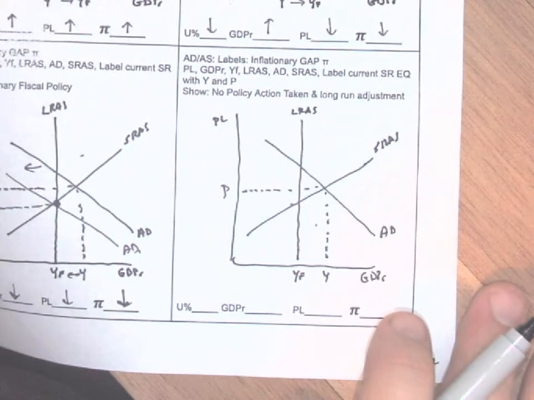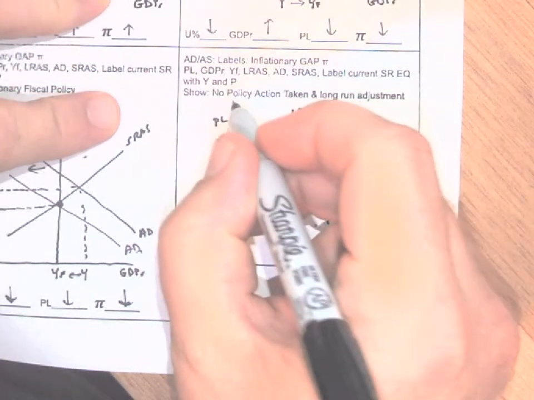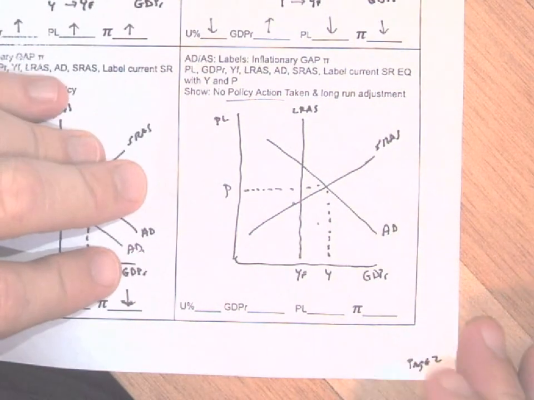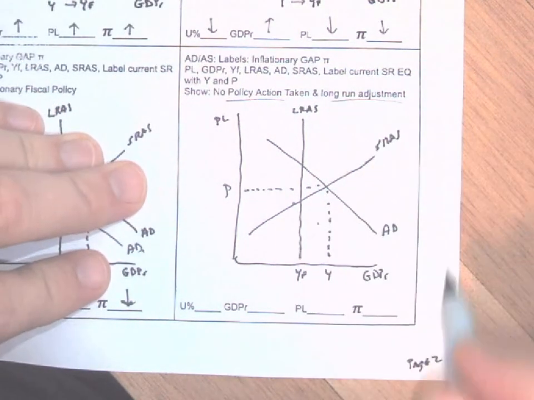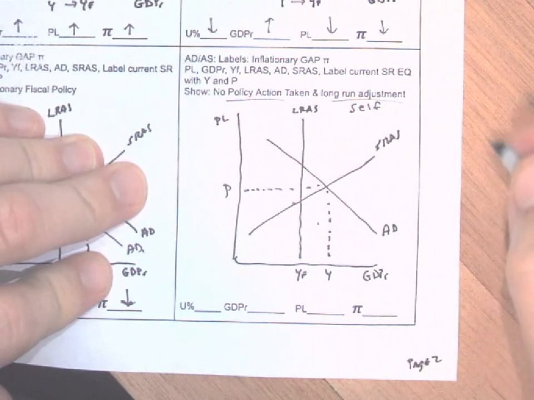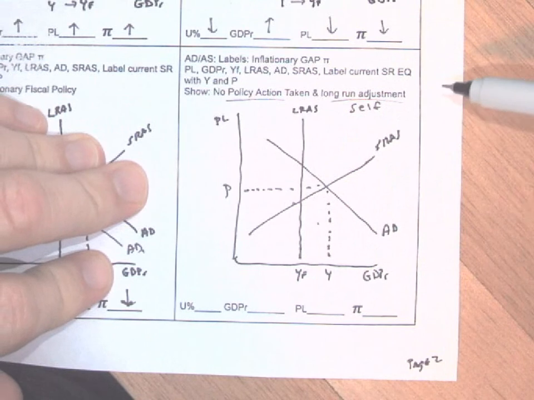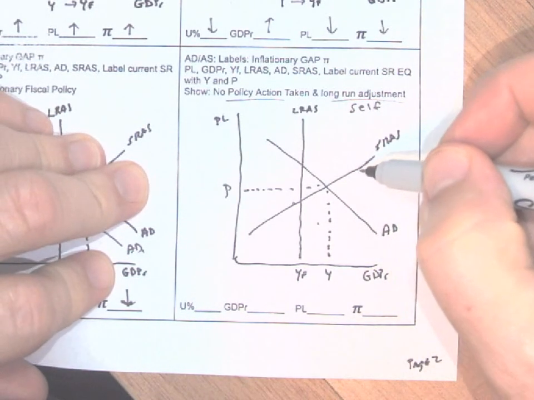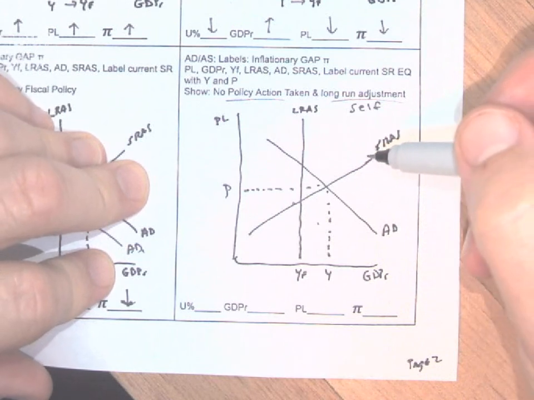And of course, there's another chance for no policy action to be taken. So the government has no interference, no taxes, no government spending changes, and now what's going to happen to the long-run self-adjustment? So we have these higher prices, and eventually those higher prices in the short run are going to catch up to all of the workers and the businesses.